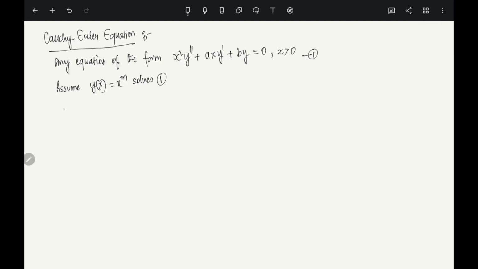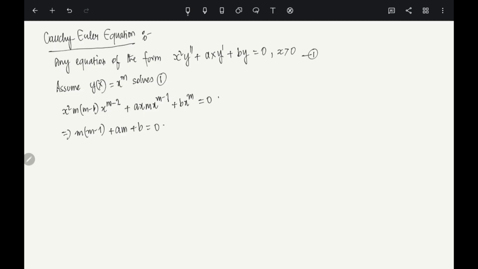Once you put them in, you are going to get x square m times m minus 1 x power m minus 2 plus a x m x power m minus 1 plus b x power m equals 0. That will imply m times m minus 1 plus a m plus b equals 0, because x power m, with x assumed positive, is never going to be 0.